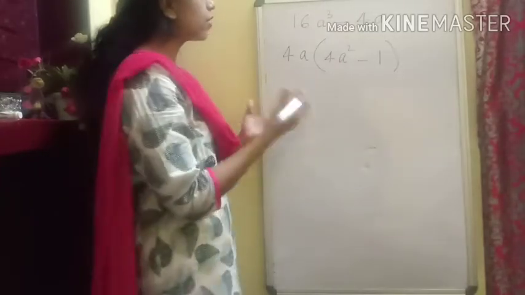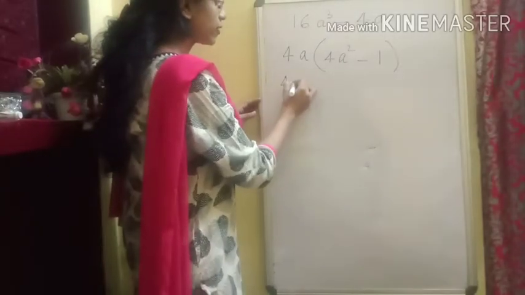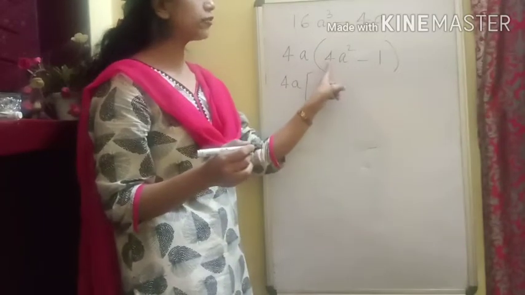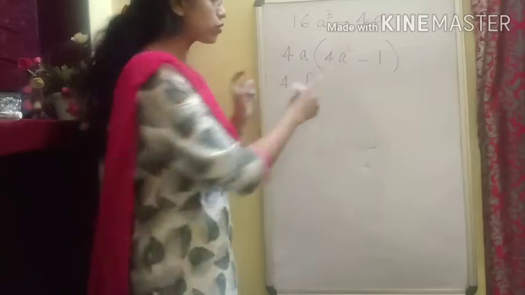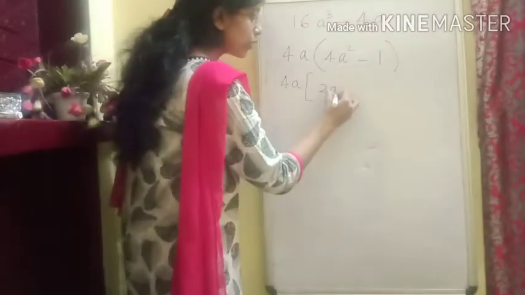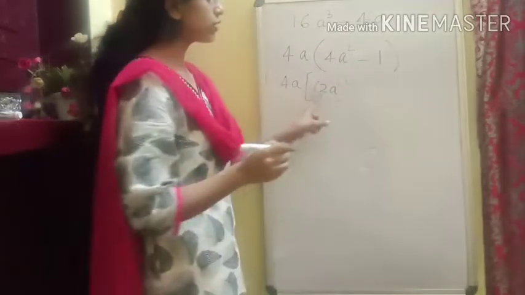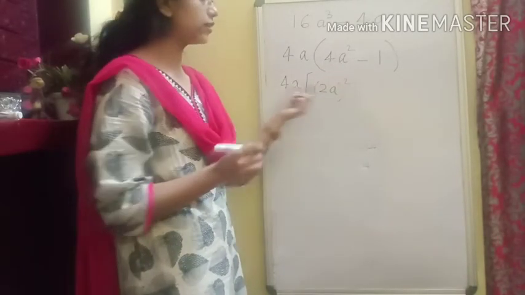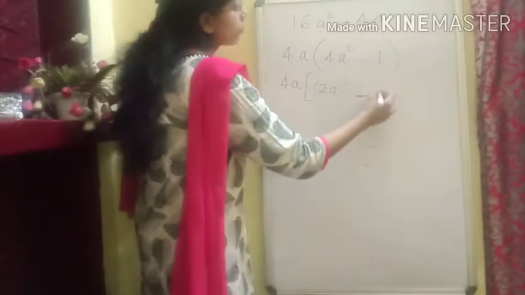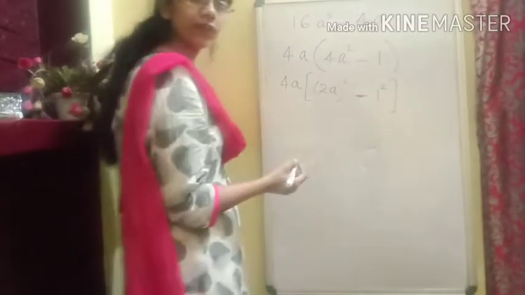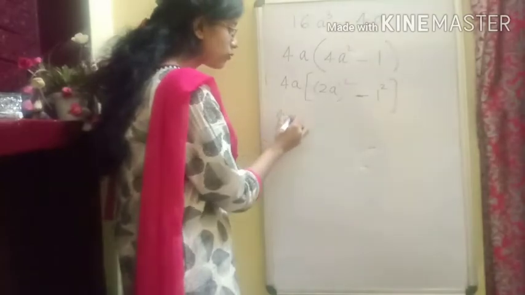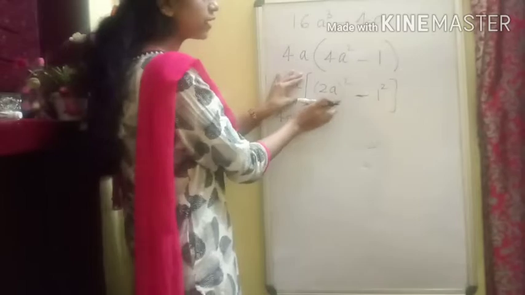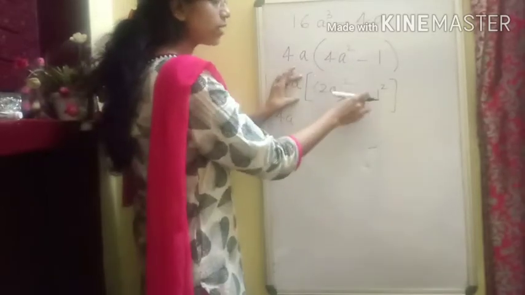Is it clear? Now we have to make it like a perfect square. You see 4a square. 4 is a perfect square of 2 and a square. So this thing we can write as 2a whole square, isn't it? Because when you square, 2 will give you 4 and a square will give you a square. Minus 1 can always be written as a perfect square of 1. Whatever we have taken common, we will be writing it all the time. Okay. Now if you see this bracket, it is like a square minus b square.